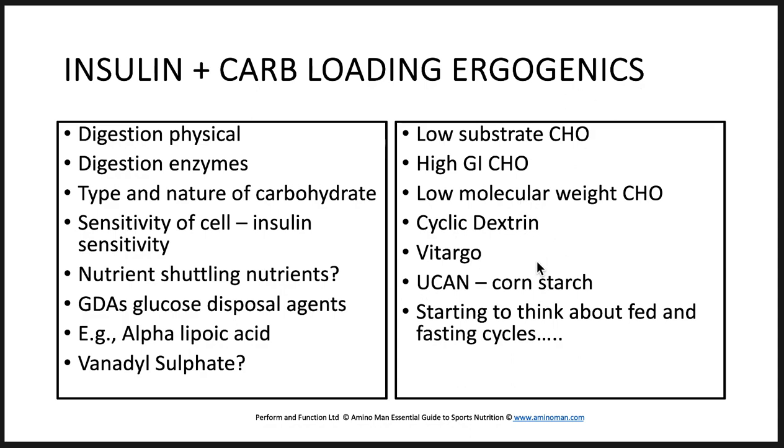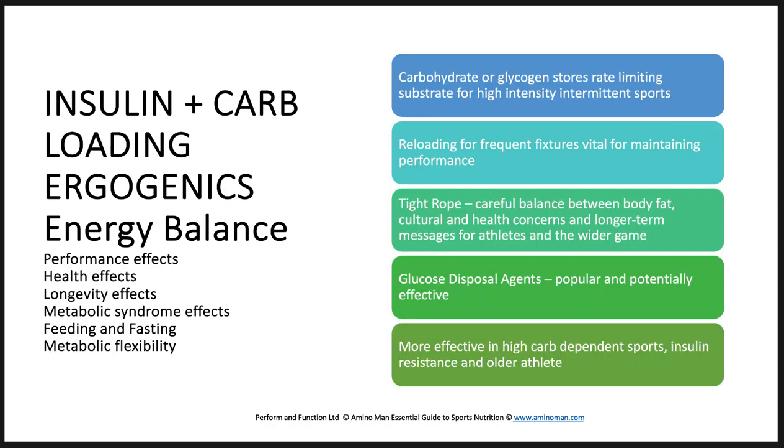We've got the low molecular weight carbohydrates that I spoke about before, things like cyclic dextrin, Vitargo, UCAN, and we need to start putting all this into feeding and fasting cycles, depending on where an athlete is in terms of body composition manipulation.